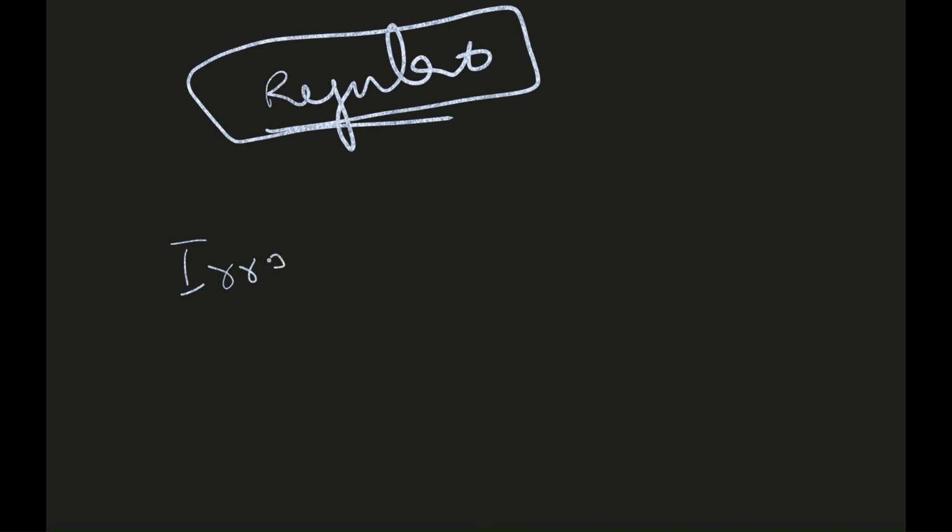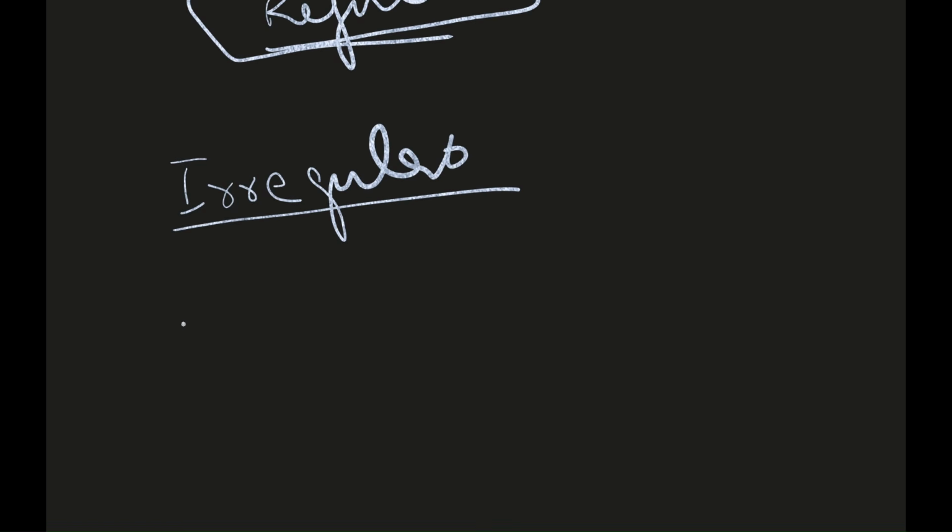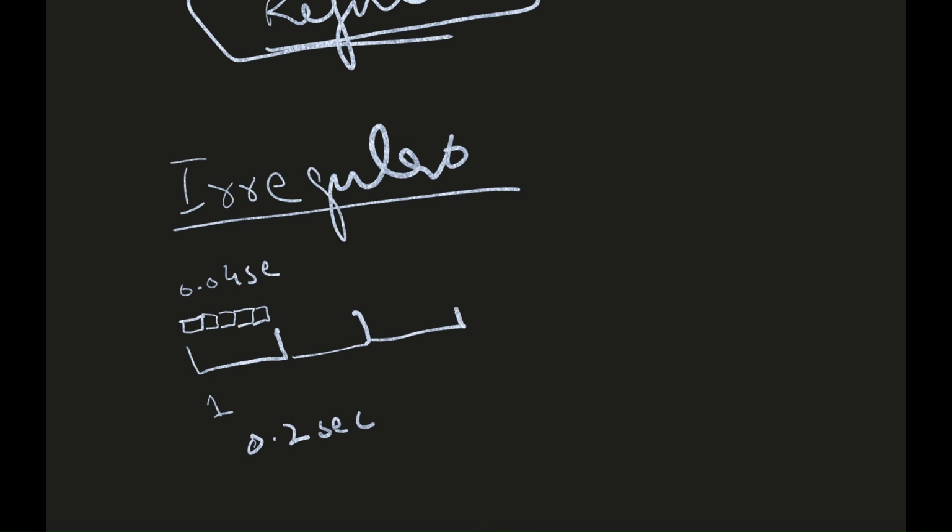Remember, I told you initially the smallest square is 0.04 seconds, and five smallest squares become one small square, that is 0.2 seconds. Similarly, five of these small squares are equivalent to 1 second.